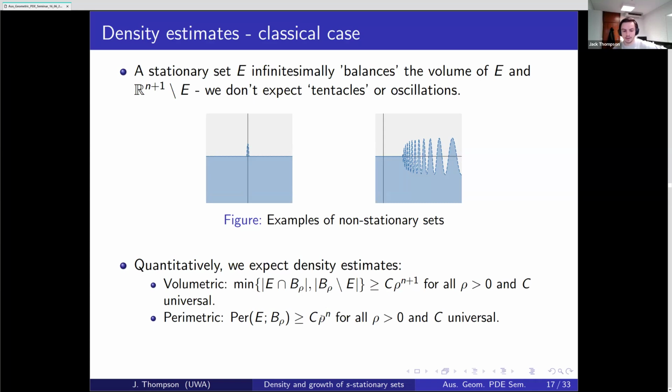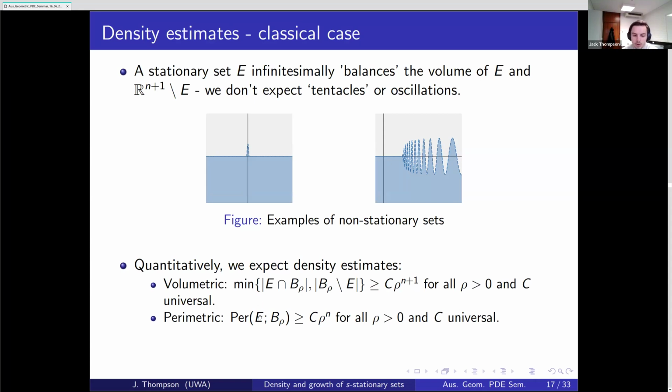This is the volume of a ball of radius rho, but in R^n. Again, for all rho bigger than 0 and c universal.